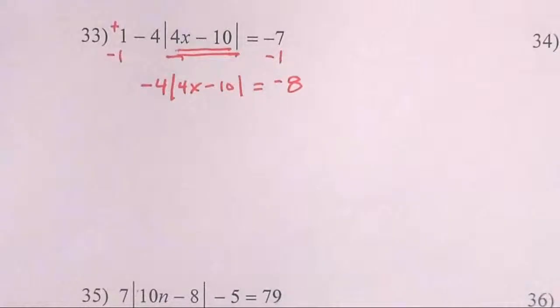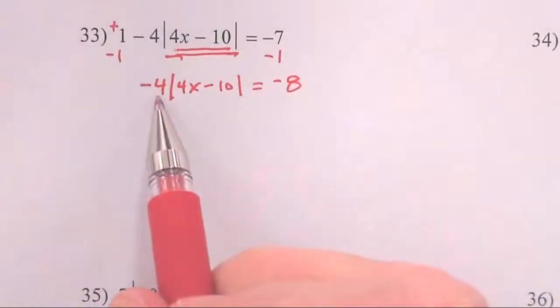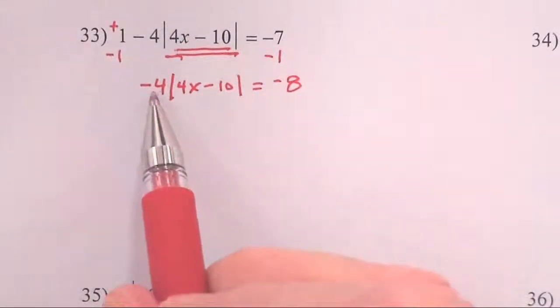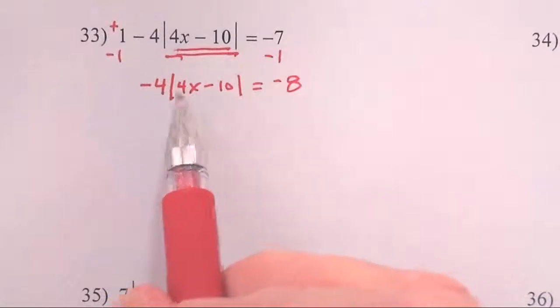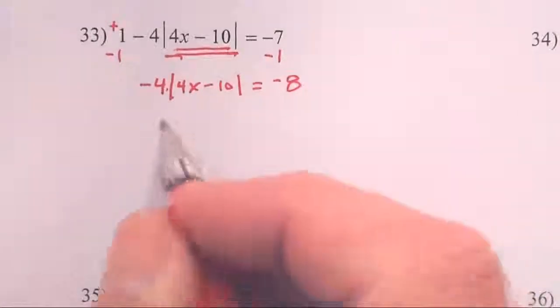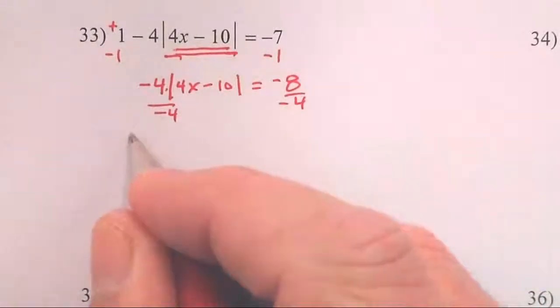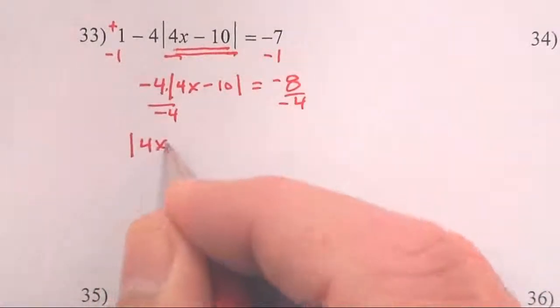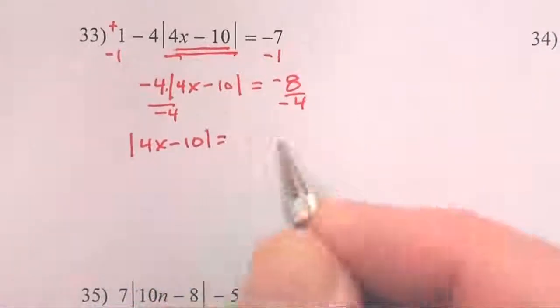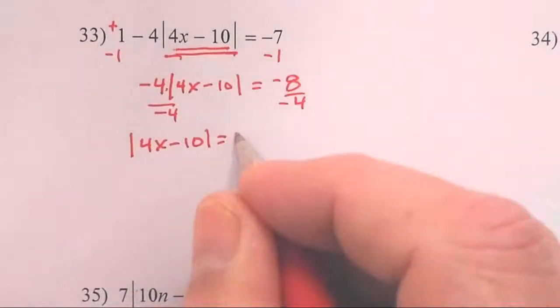I'll see people at times here to get rid of this negative 4, they might add 4. But this negative 4 is ultimately attached to the absolute value with multiplication. I need to divide by negative 4, and I get absolute value of 4x minus 10 equals, negatives cancel, 8 divided by 4, 2.